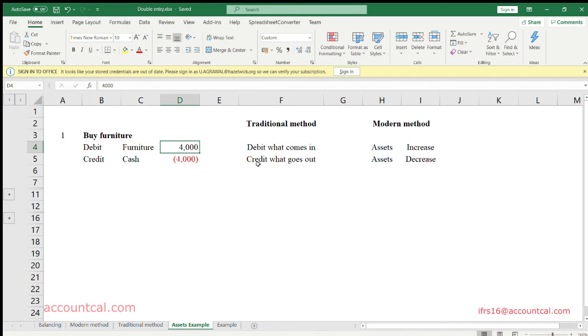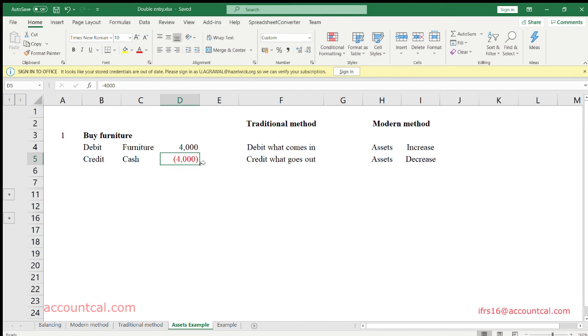Now, what has gone out? Cash has gone out. So you credit that cash. And if you remember, credit is in minus signage. We are presenting minus in brackets and in red. You can see this is minus 4,000.